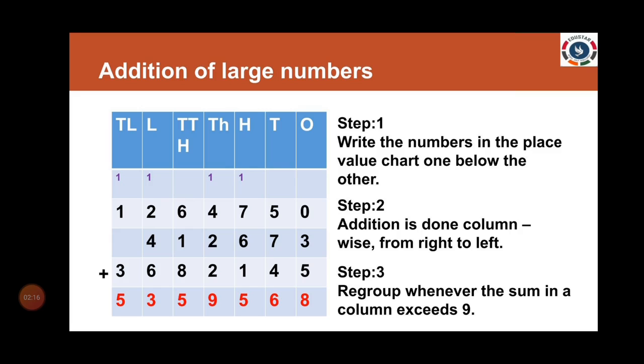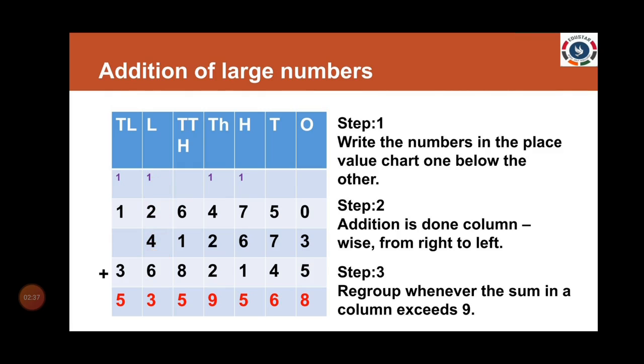Then move to the 10,000 place. 6 plus 1 plus 8. How much? 18. So write 8 in the 10,000 place. The 1 is a carry that moves to the next place, the lakh place. Write 1 at the top. Then add 1 plus 2 plus 4 plus 6. How much? 13.